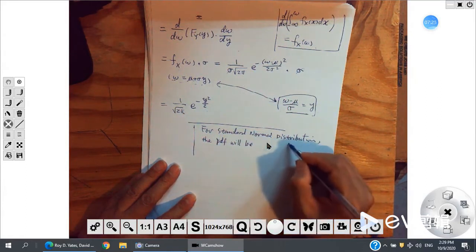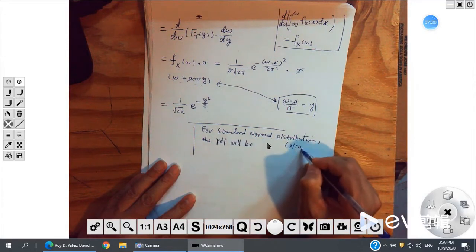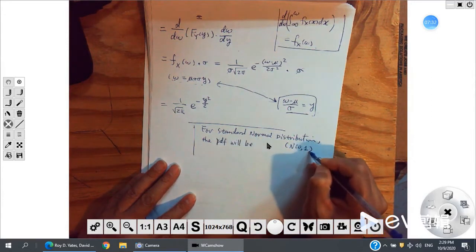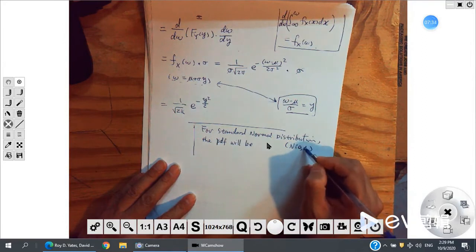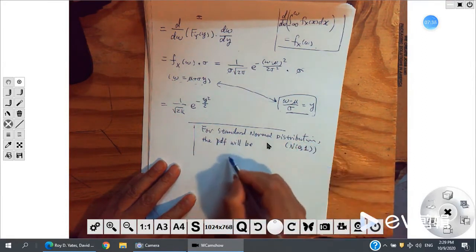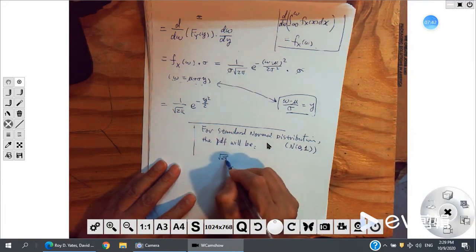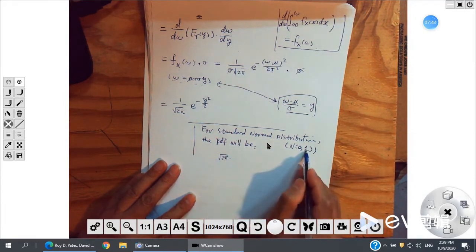For the standard normal distribution, mu should be 0 and sigma square should be 1. So the coefficient is 1 over square root of 2 pi times sigma, and sigma is 1.